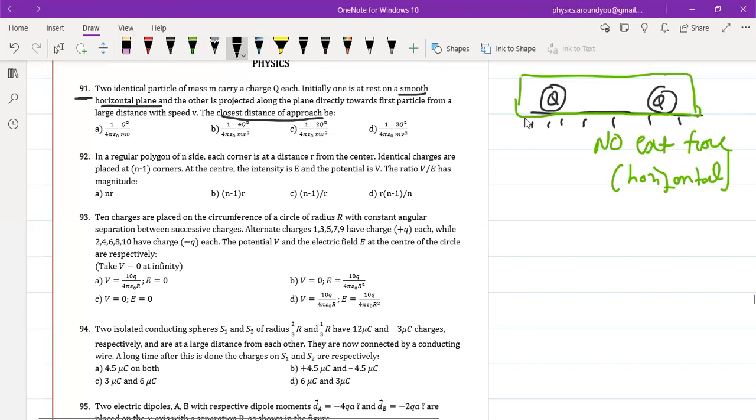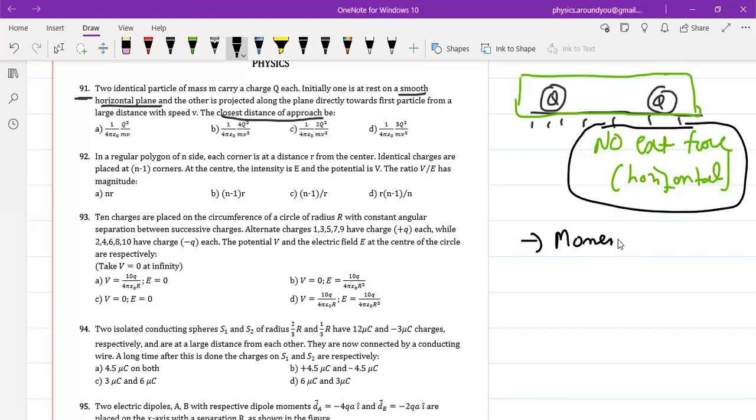Whatever counts is only the internal force. So from this fact, I can deduce one important conclusion: the momentum is conserved. Whenever the net external force is zero, the momentum of the system is always conserved.